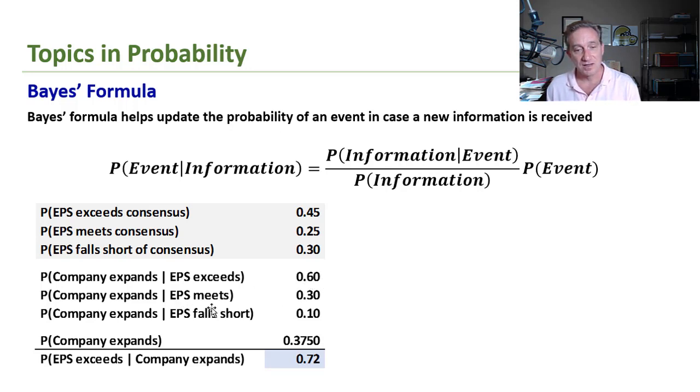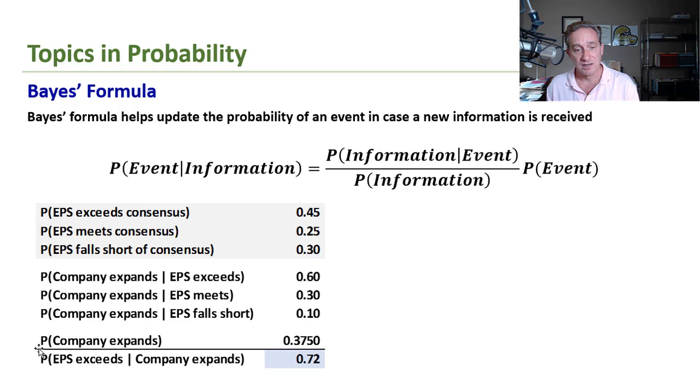If the EPS only meets expectations, there is a 30% probability the company expands, and if the EPS falls short, there's only a 10% probability. So notice again, these are conditional probabilities, unlike these which are unconditional: the probability that the company expands, conditional on different EPS outcomes. That's all we need to be given.